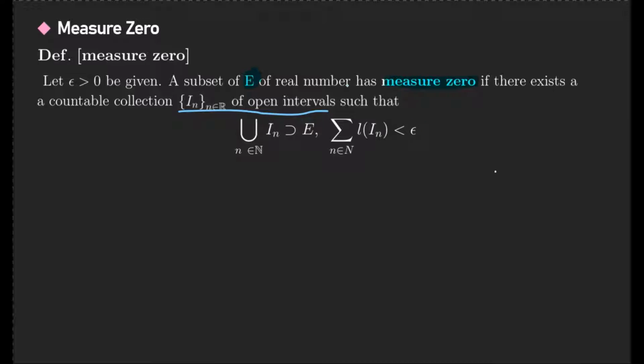So this means for any epsilon given, the total sum of lengths is always smaller than epsilon.